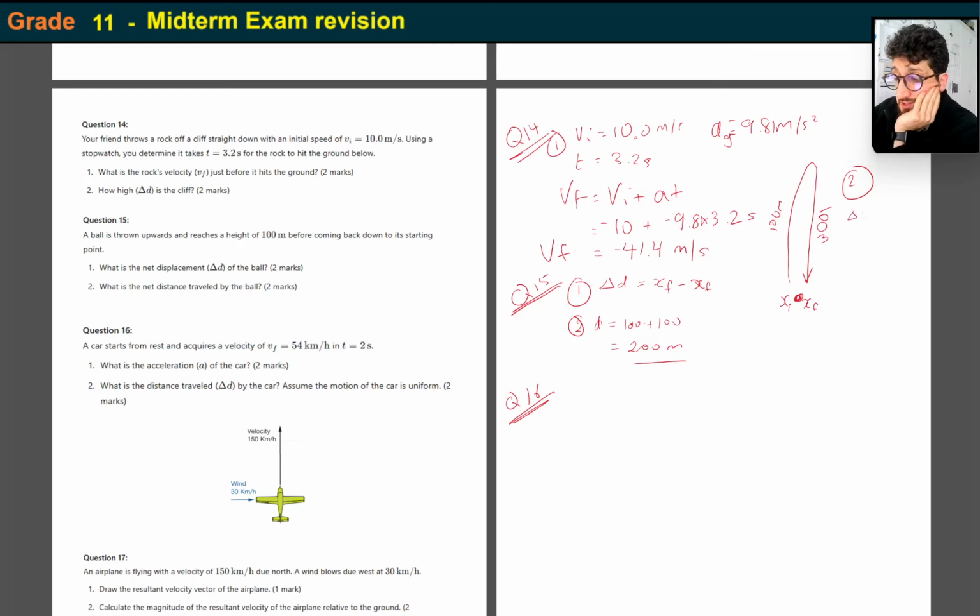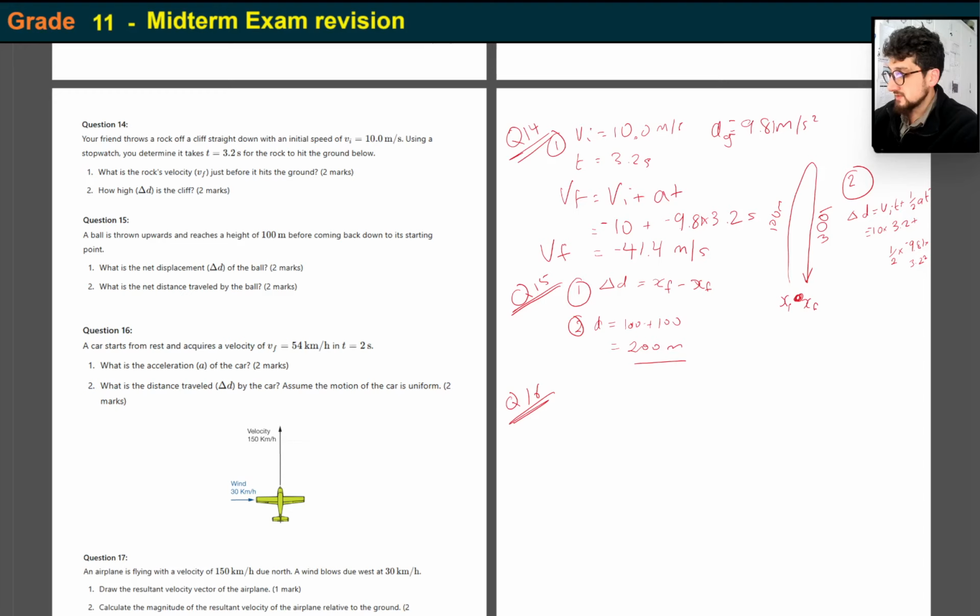So once again, we have to use this formula. Delta D is equal to VIT plus half AT squared, which is going to equal 10 times 3.2 plus half times 9.81 times 3.2 squared.